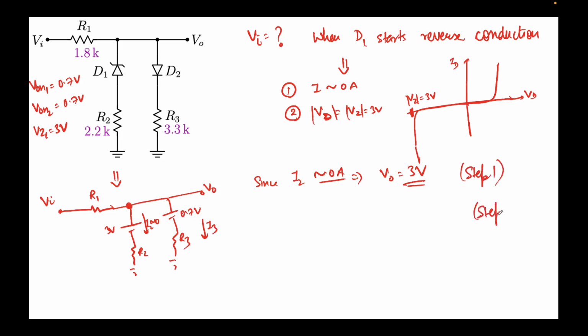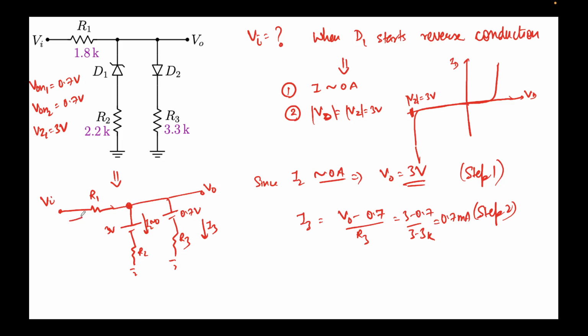Step 2 would be, we find what is I3. So I3 would be nothing but V0 minus 0.7 divided by R3. So that will be 3 minus 0.7 over 3.3, so that's 2.3 over 3.3. That will come out to be 0.7 milliamps. This is 3.3 K. So I3 we have obtained now.